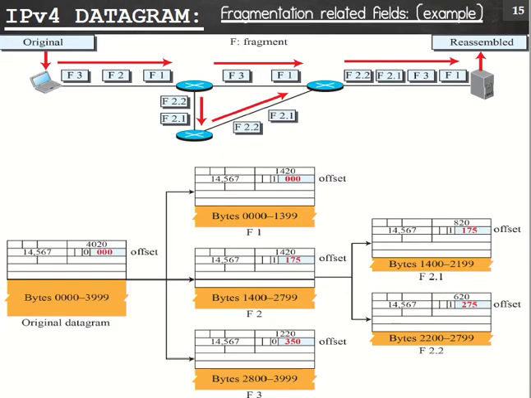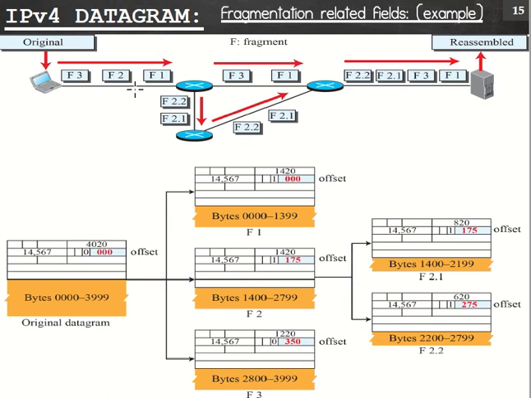The same problem or explanation has been given in terms of packets here. You can see you have an original data here that has been divided into three different fragments, f1, f2, and f3, and it is sent to the destination. As I said, it is a connectionless protocol.